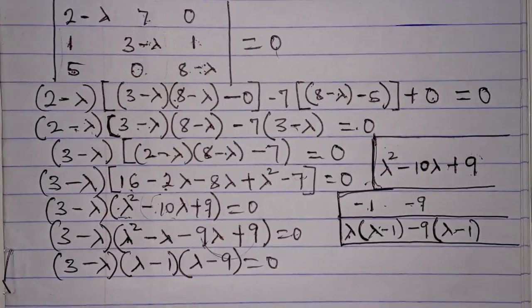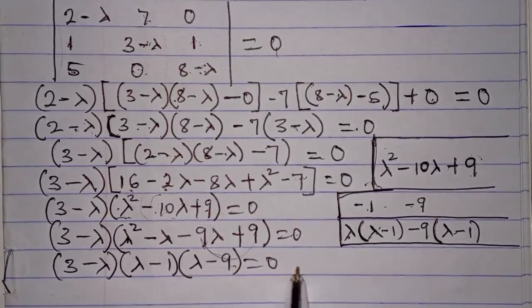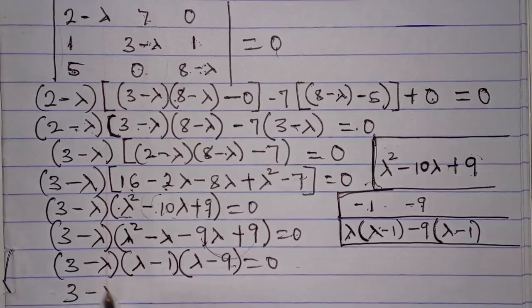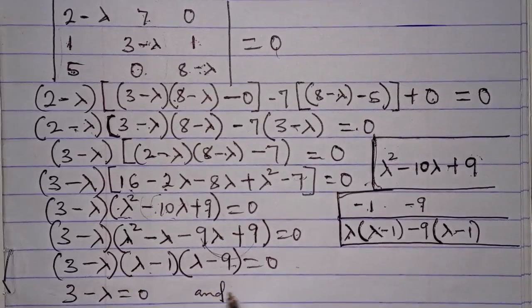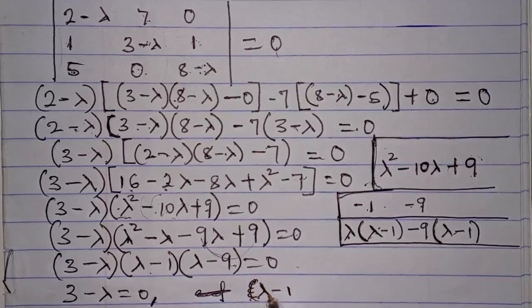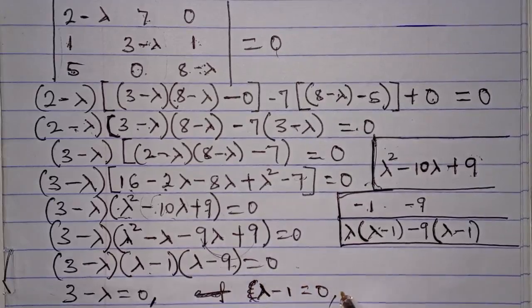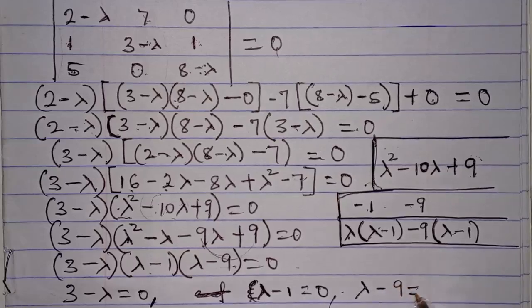And if the product of these numbers at the left hand side equal to 0, it means that 3 minus lambda equal to 0, lambda minus 1 equal to 0, no need for brackets, sorry, and this last one, lambda minus 9 equal to 0.